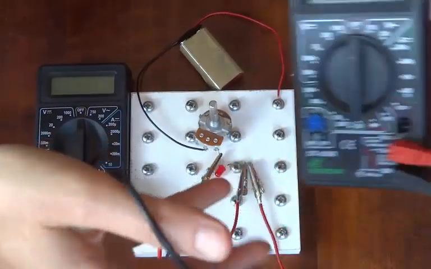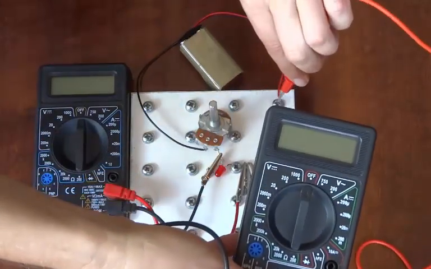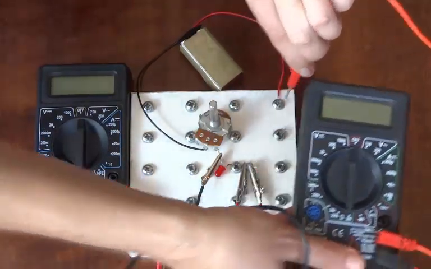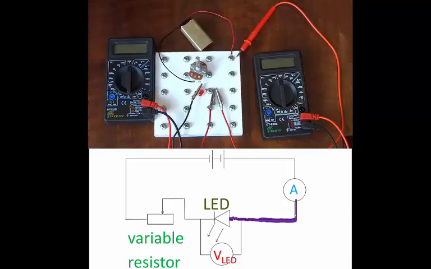So here's the ammeter, and the ammeter is going to close the circuit over there because the other side of the ammeter is connected to the positive terminal of the battery. And the only thing that I haven't shown you is the voltmeter connected across the LED.